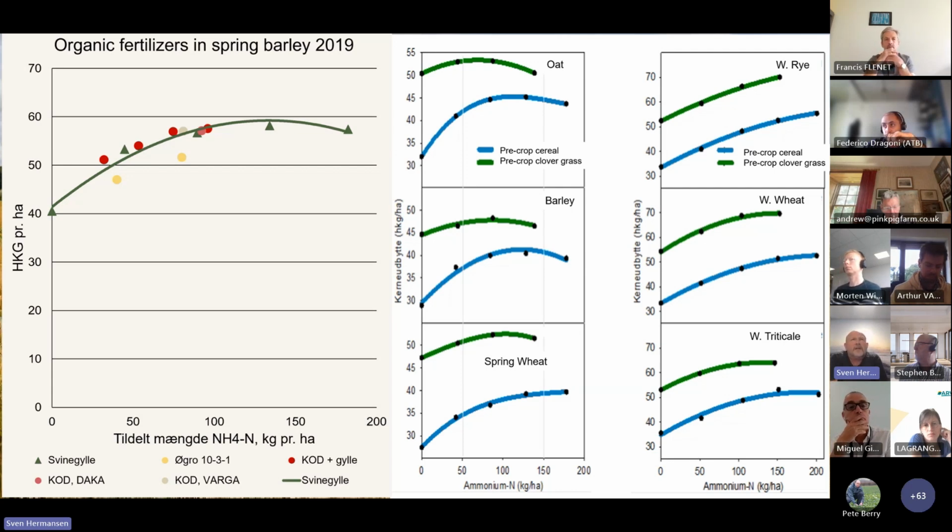That's fertilizer made of meat and bone meal, 100% organic nitrogen. So you can see they all react with more or less the same response. All these organic fertilizers behave in more or less the same way, looking at these barley experiments. And we have done this kind of experiment many times over the years. So it's a very well-known response curve.